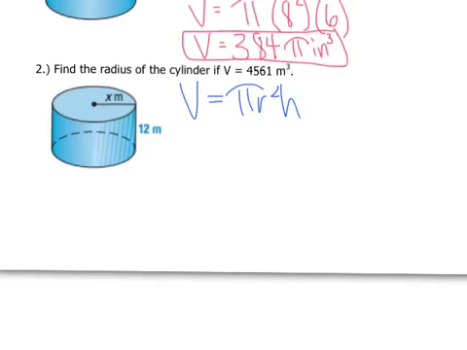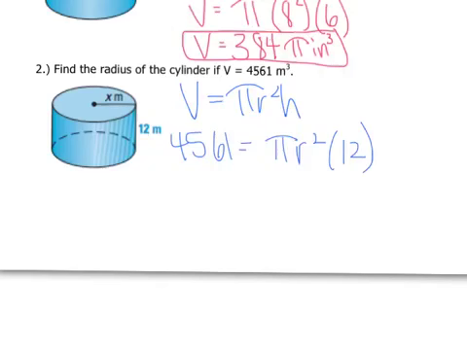All right. We are given the volume. So this 4561 should be substituted for V for volume. The other thing that we are given in the problem is the height of our cylinder, which we want to substitute that 12 in for H for height.